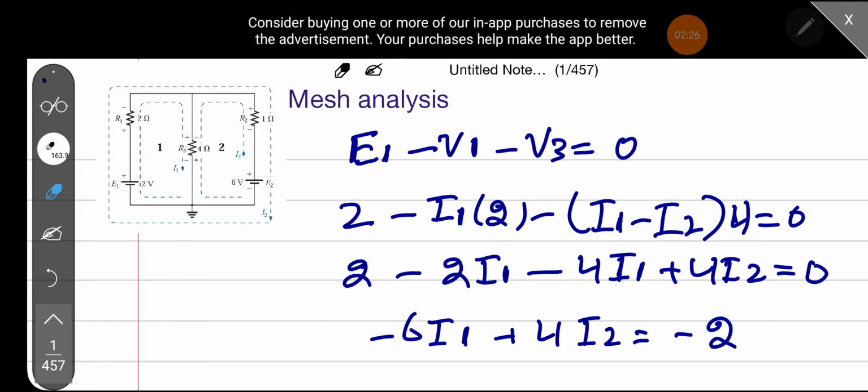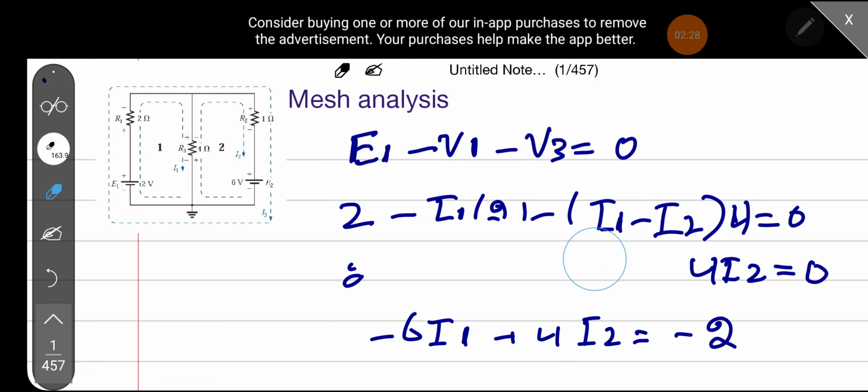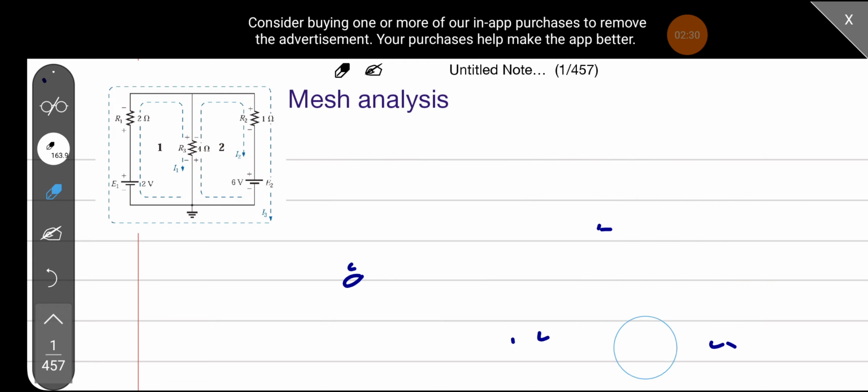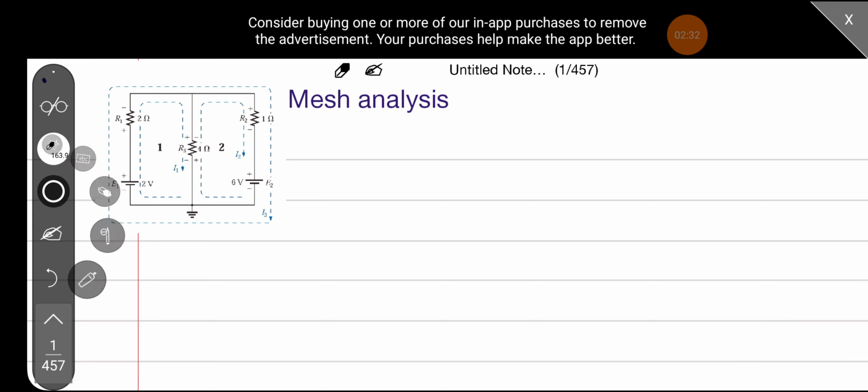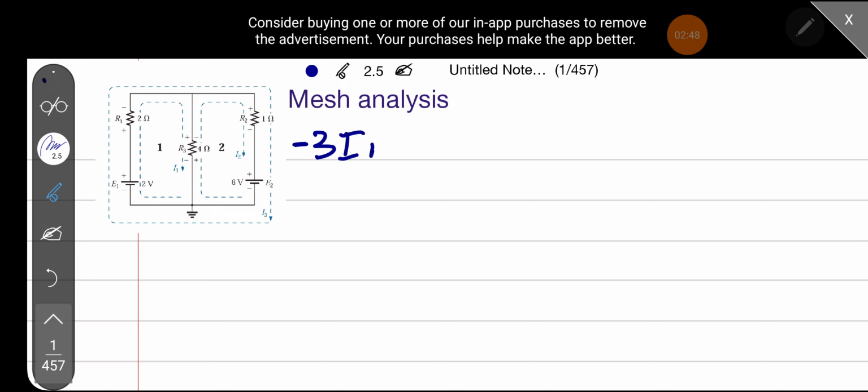So we found the equation for loop 1. If we divide the whole equation by 2, our simplified equation will look like this. So this is the equation for loop 1.